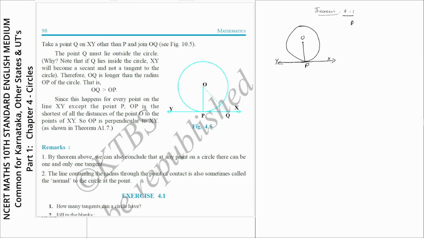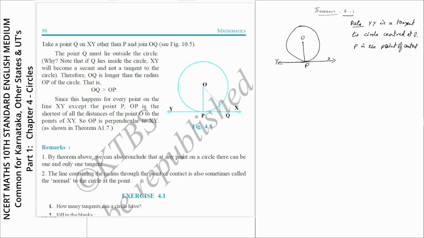First I'll write the data. XY is a tangent to the circle centered at O, and P is the point of contact between the tangent and the circle.